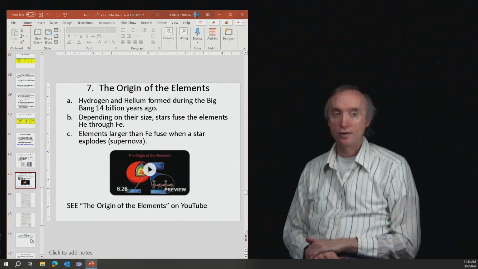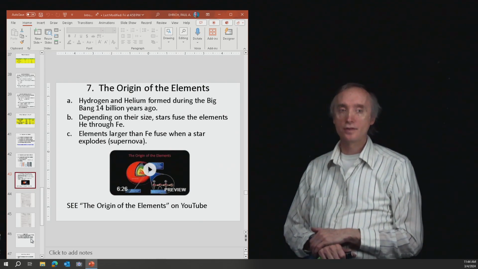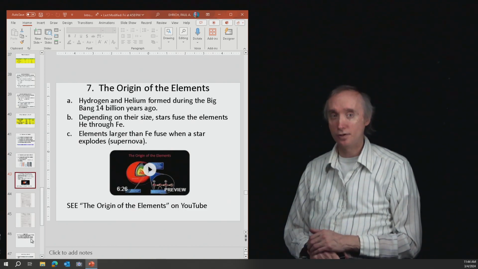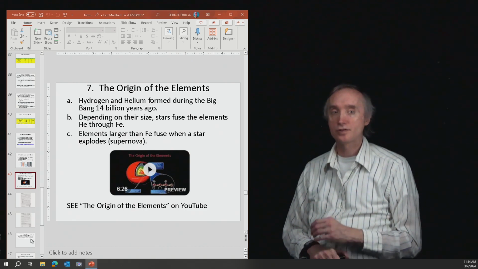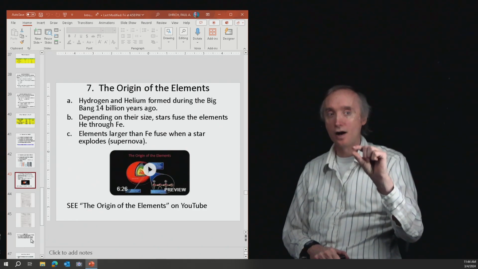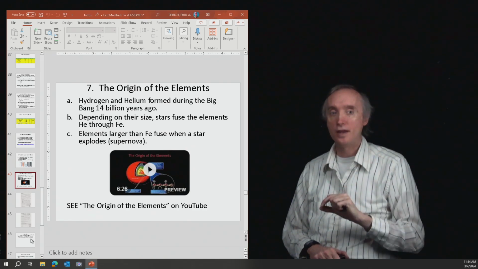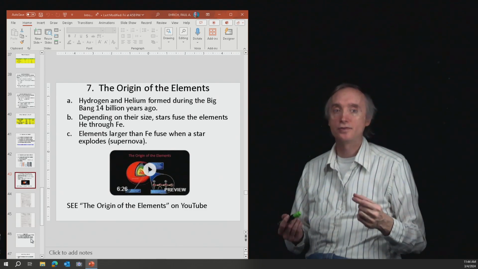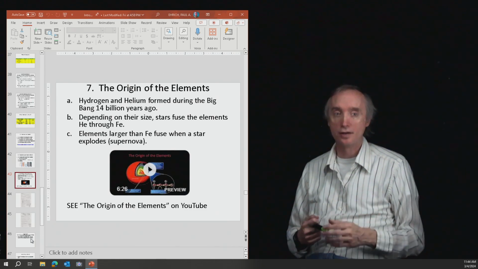So the current theory is that most of the hydrogen and the helium came from the Big Bang. We think that the entire universe began between 12 and 14 billion years ago as a small, dense, hot kernel of energy and mass that was about the size of a proton.